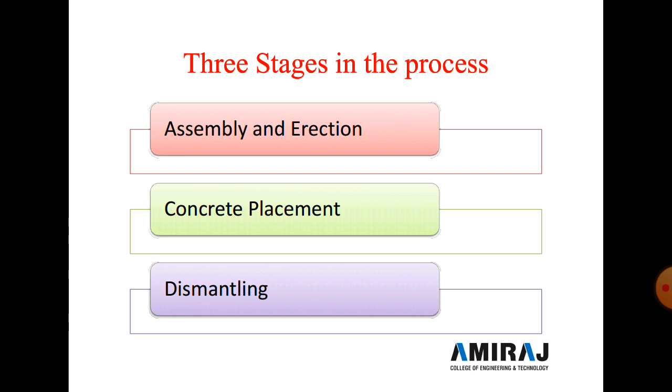We use nuts, bolts and nails for fixing the formwork as per our design and requirement. Then after fixing the formwork, we put reinforcement in the formwork, and clear cover is compulsorily required on the sides and bottom. After putting the clear cover, we place the concrete.